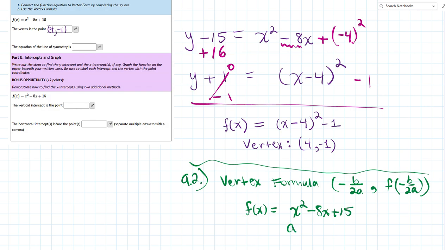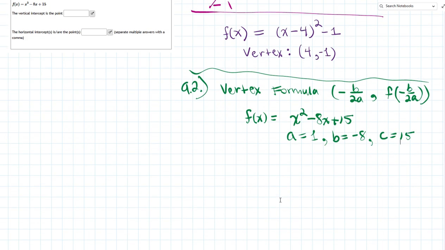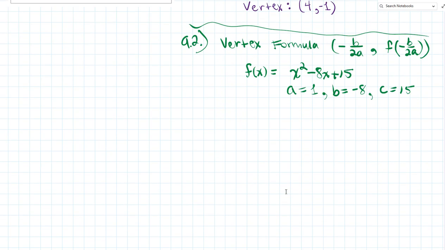So a is the coefficient of x squared, b is the coefficient of x, and c is the constant, 15. Okay, so now using the vertex formula, I'm going to come up with the h, or the x-coordinate of the vertex, which is negative b over 2a.